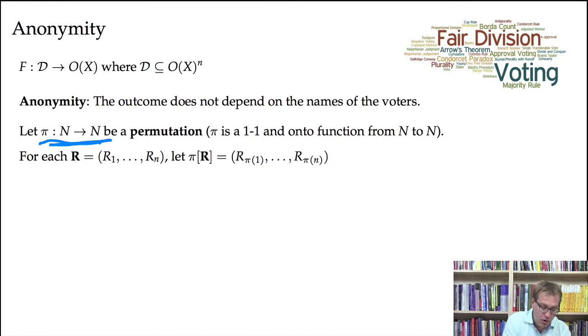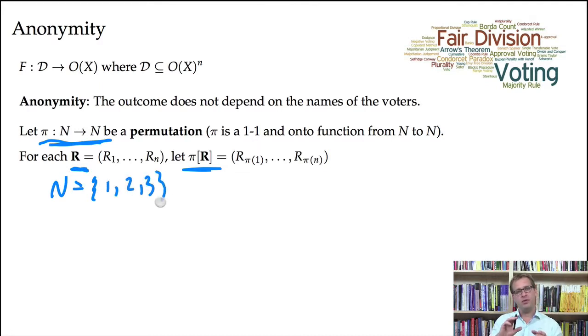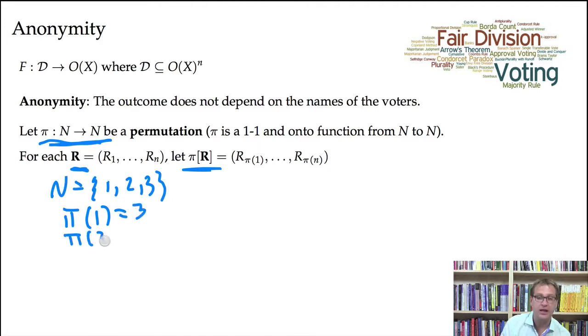And for a particular profile, let pi of that profile be the corresponding shuffling of all of the orderings in the profile. So for example, just to fix the idea, suppose in N we have three voters, 1, 2, and 3. And we do a shuffling where we swap 1 with 3. So let pi of 1 get mapped to 3, pi of 3 gets mapped to 1, and then agent 2's name remains fixed.